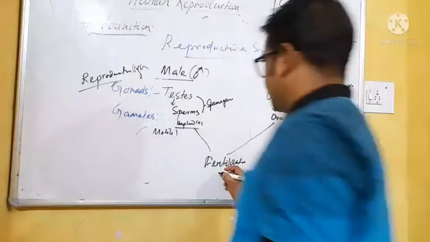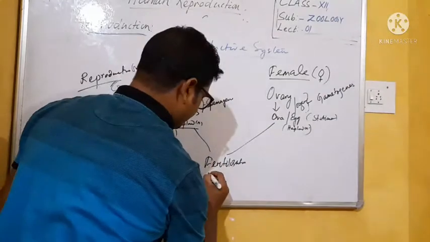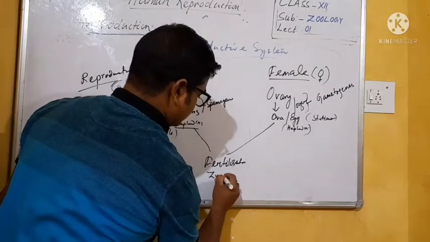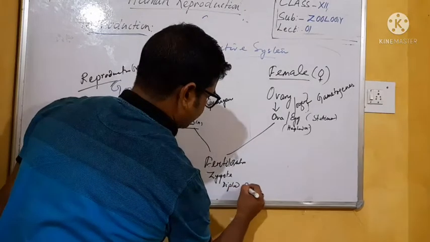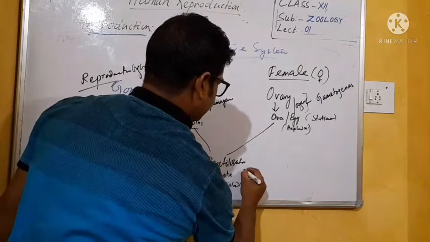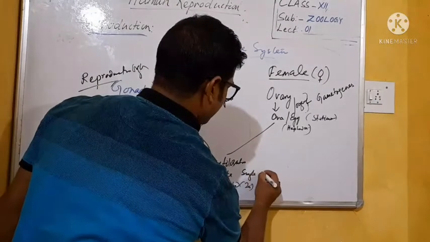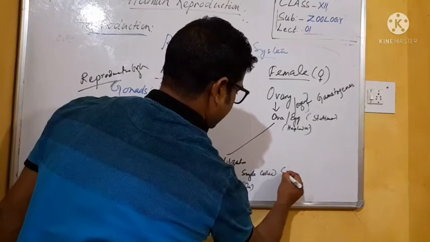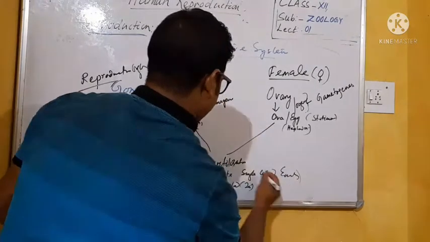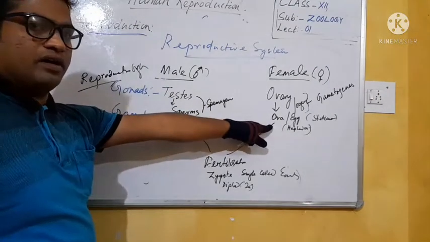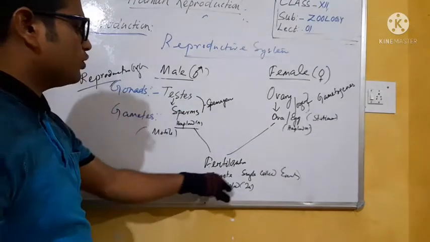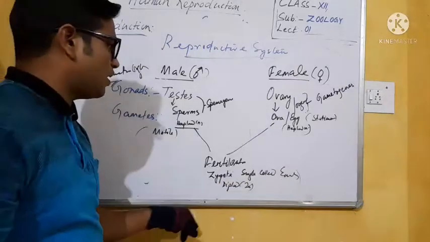After fertilization, what will form? Zygote. That is diploid, 2N, which is also called a single-celled embryo. Zygote is the combination of sperm and ova. How is zygote or single-celled embryo formed?